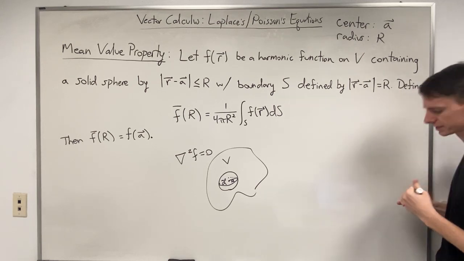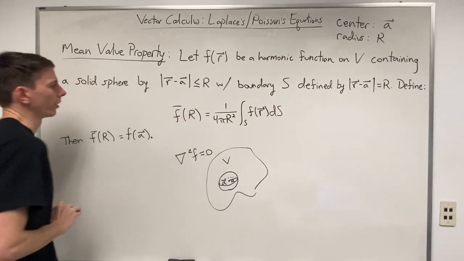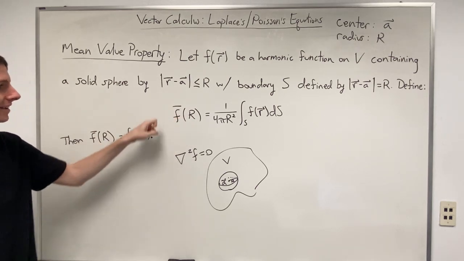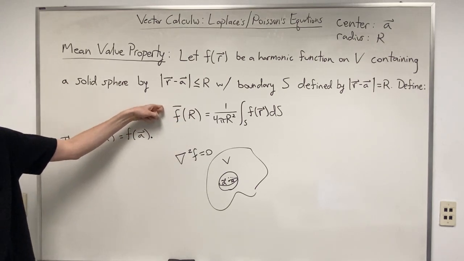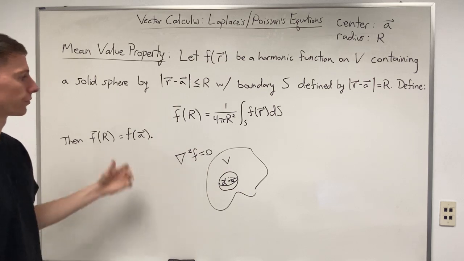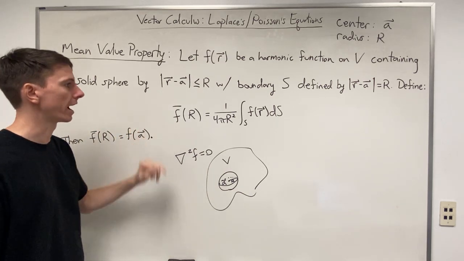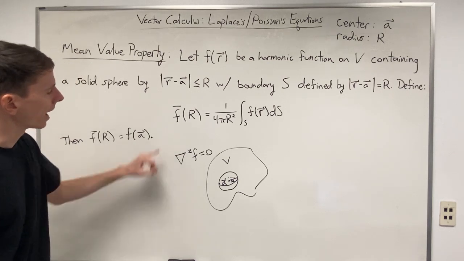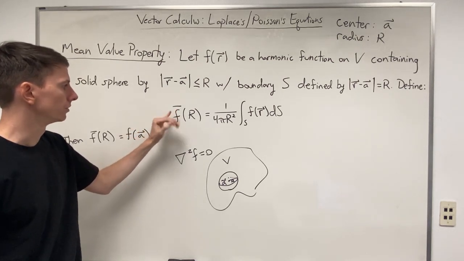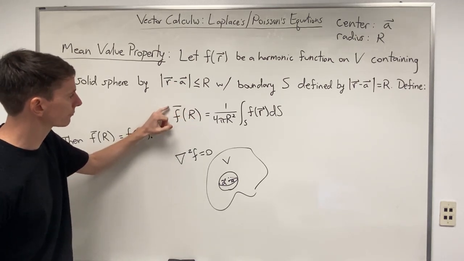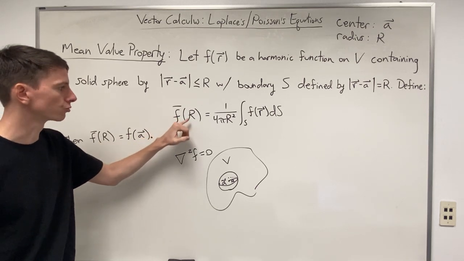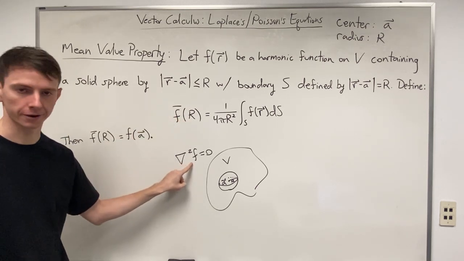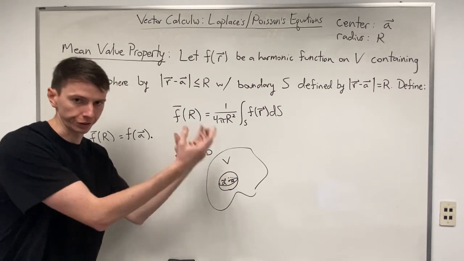And what they're saying next is, let's define some quantity f bar of R. And f with a bar on the top of it, typically, and in this case, refers to the average value of f. So I want to make sure that we understand what this is saying. This quantity is the average of f at a radius R. So this is the average value of our harmonic function on the boundary of the sphere.